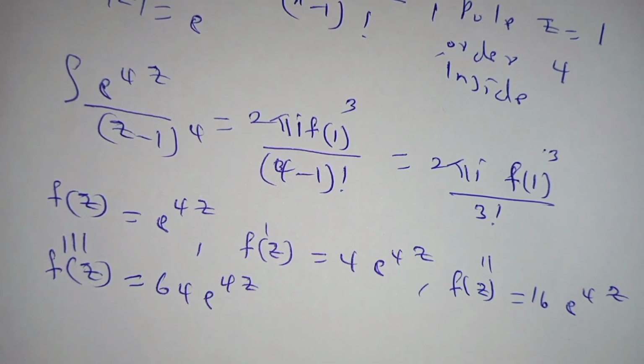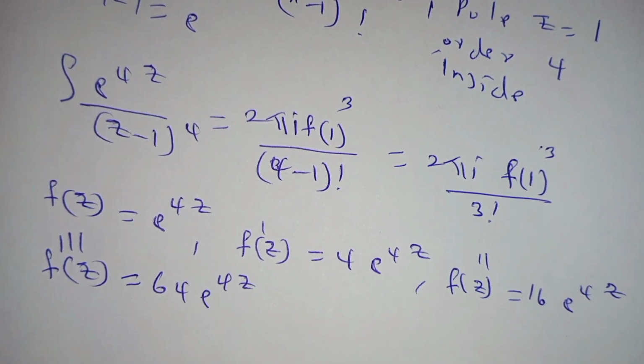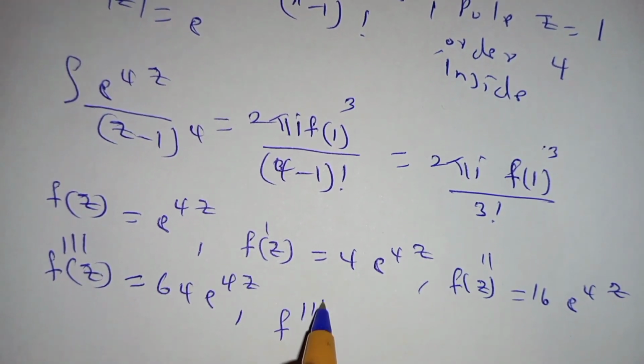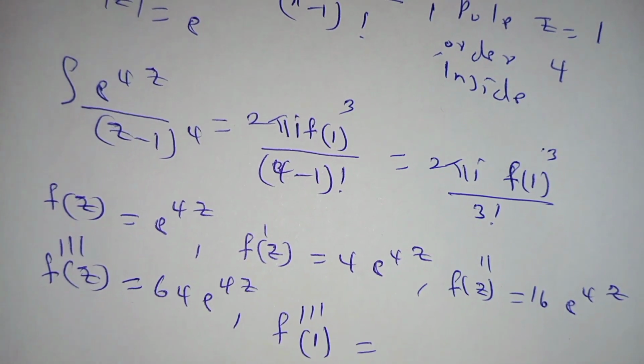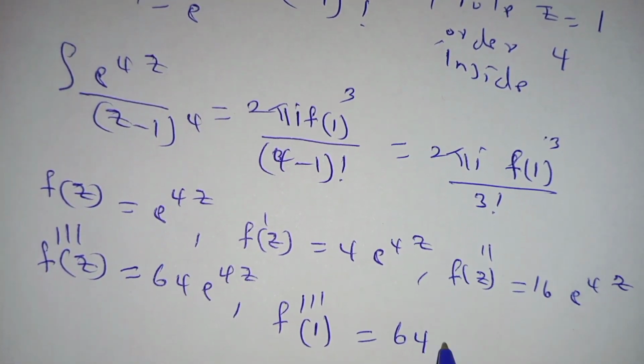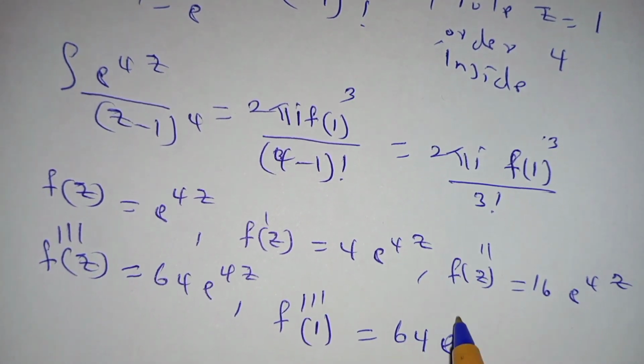Then from there, we obtain the derivative of this function at 1. Where you have z, you substitute it with 1, which will give us 64 exponential 4.